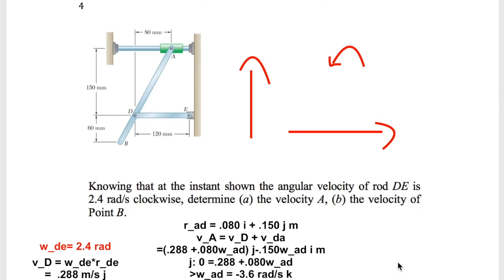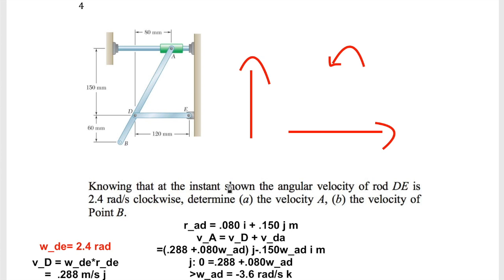So this next one, question 4. We're given this contraption. We know that at the instant at this point the angular velocity of DE is 2.4 radians per second going in the clockwise direction.